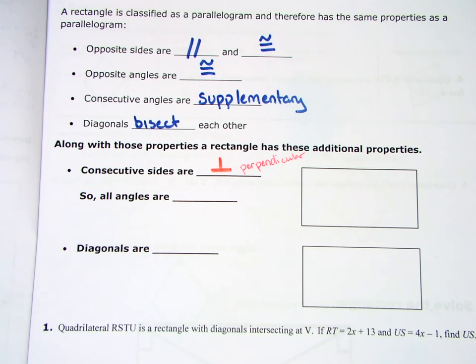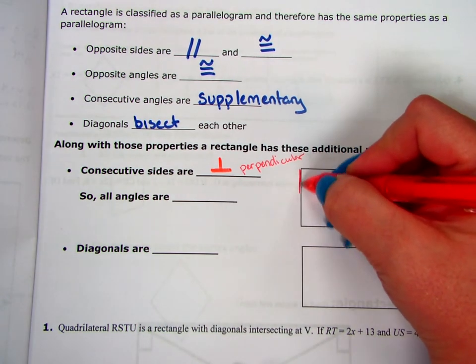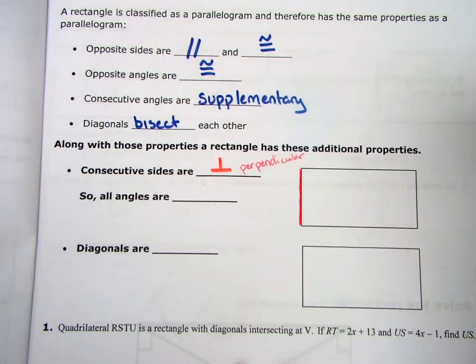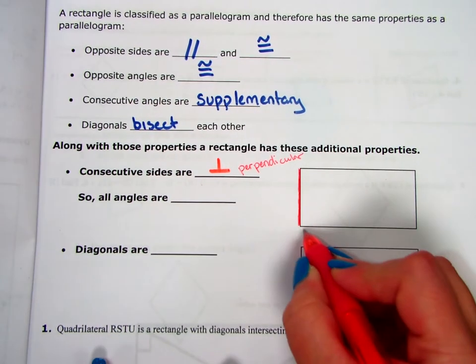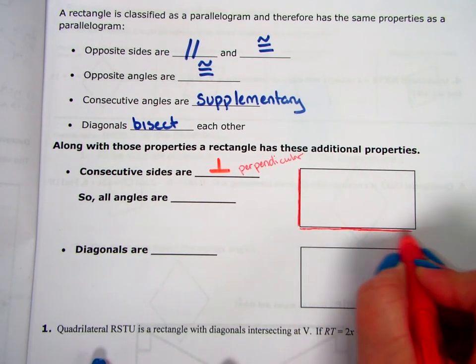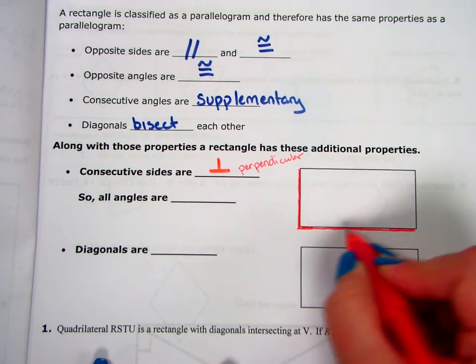Like consecutive angles are angles on the same side, so they're angles that are one right after the other. Same thing with consecutive sides. If I'm looking at this side, there's two sides that are consecutive to this one, and that's going to be the two that touch it. So for example, if I just refer to the one below, those two sides will be perpendicular because they're consecutive. They're next to each other.